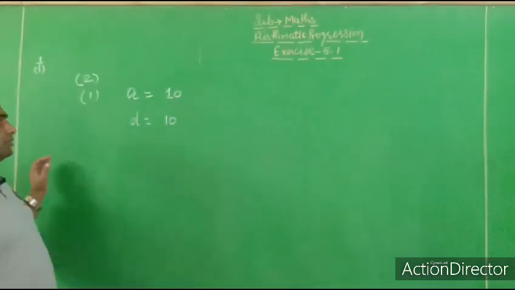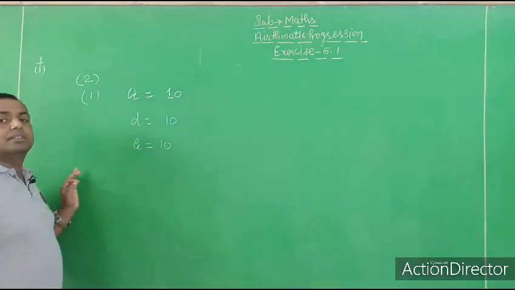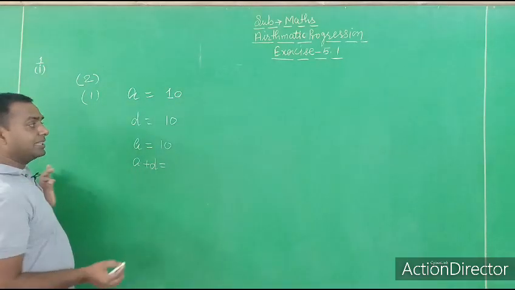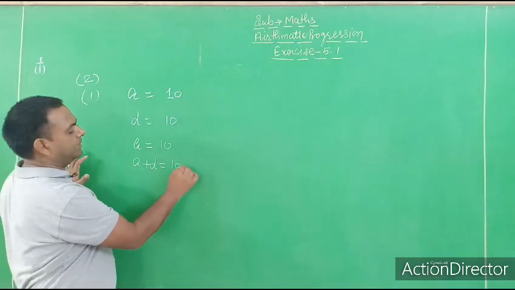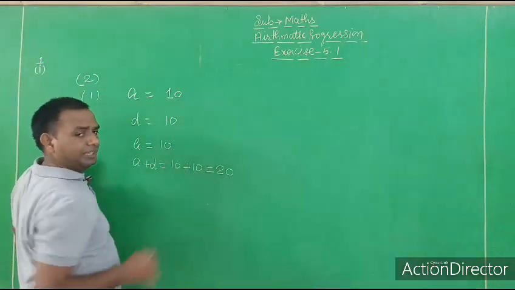All of you know that the first term is a. So, a is equal to 10. The second term is a plus d, so 10 plus 10. So, the second term is 20.